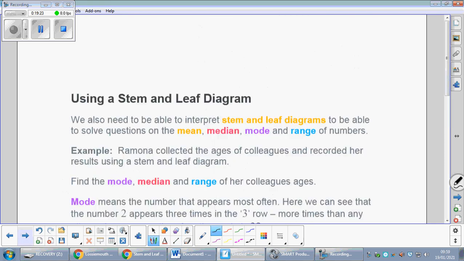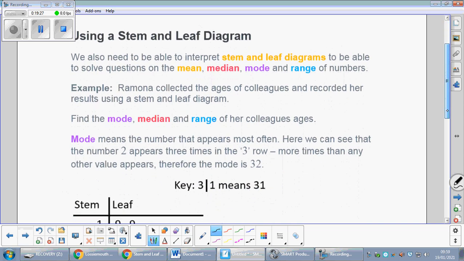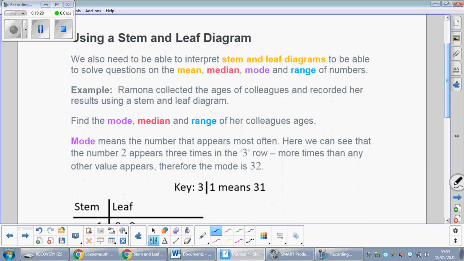Okay. Now, the last page I've got on here, which you can stop and look at, is just talking about what we've talked about. It goes on about the stem and leaf diagrams, mean, median, mode, and range. We won't be doing the mean out of it. You can do the mean: you can put them in order, add them up and divide by how many there are, of course.